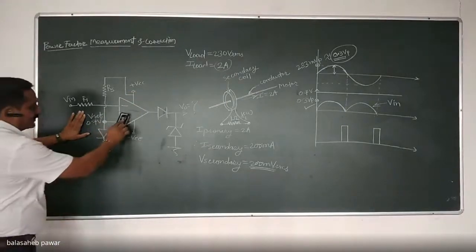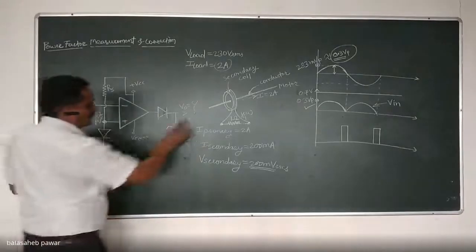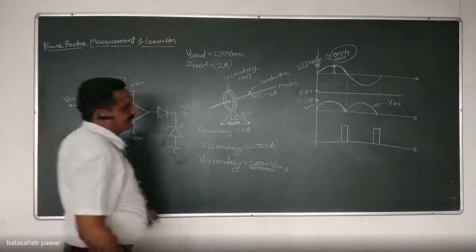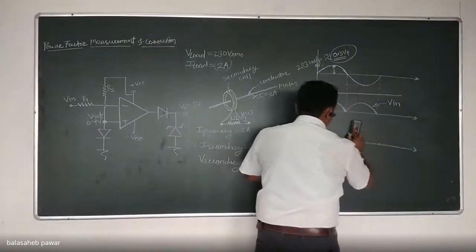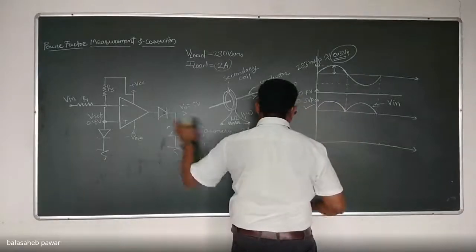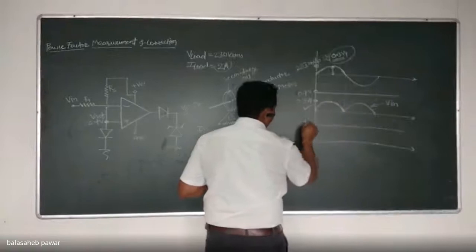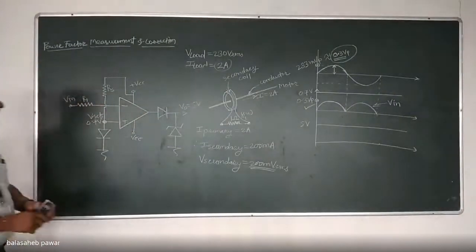That means the output of the op-amp will always remain plus Vsat, that means the output will remain always 5 volts. Agree? So instead of generating these pulses, the output of our signal conditioning circuit will be a constant 5 volts. Yes or no? Is it okay? Yes, sir.